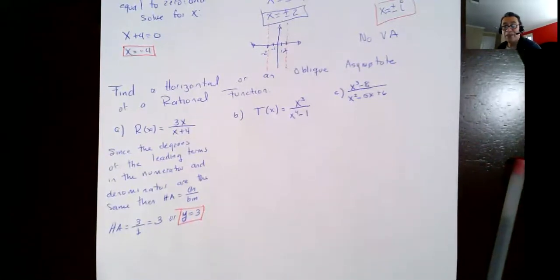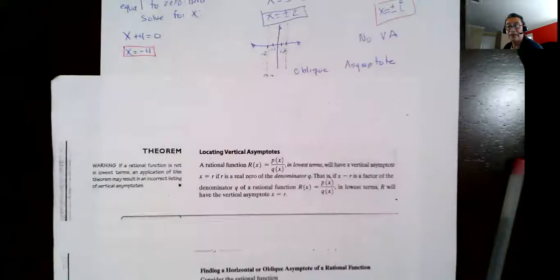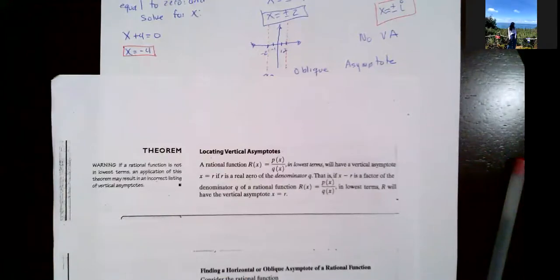By the way, I uploaded a handout, you guys, and I'm gonna put it in front right now. Some of you probably downloaded it or not, but here it tells us how to find the vertical asymptotes, which we already did, okay?